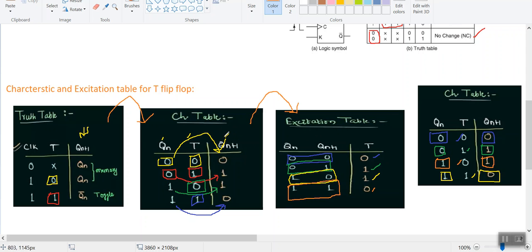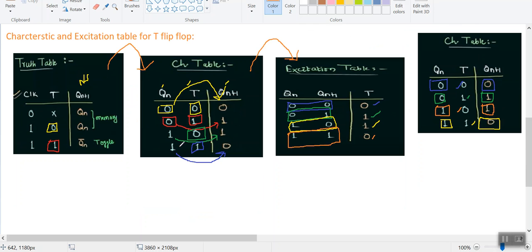So if you observe this characteristic table and excitation table, simply we can say that my input variables are two. Therefore, I need to have my K-map expression for this characteristic table. So simply I will keep the K-map here. Let us have a look at this particular table.